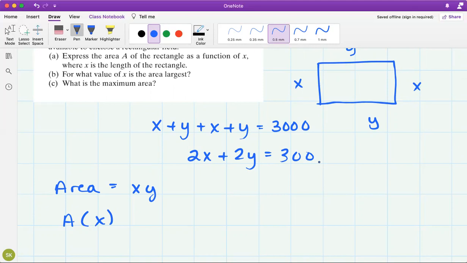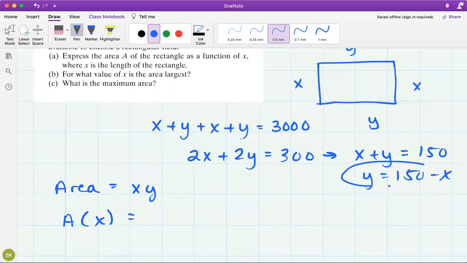And then when I solve for y, I'll have something that just involves x, and I can plug it into the area equation. So for solving for y, we divide everything by 2, and you get x plus y is 150. So y is 150 minus x. So you're going to take this and plug it into here. So we have x times 150 minus x is the area.